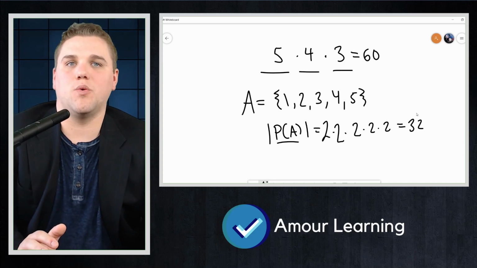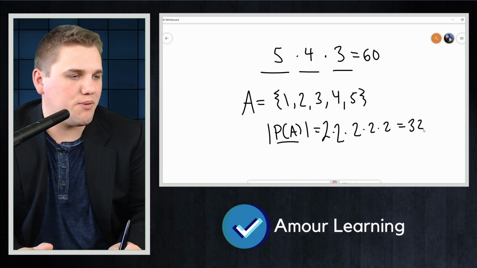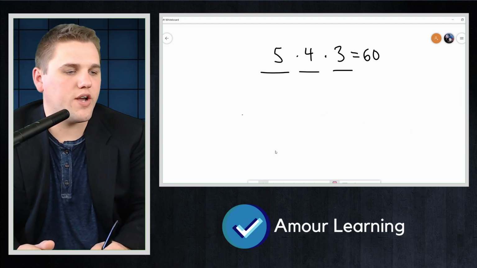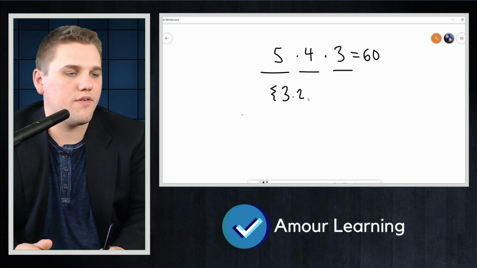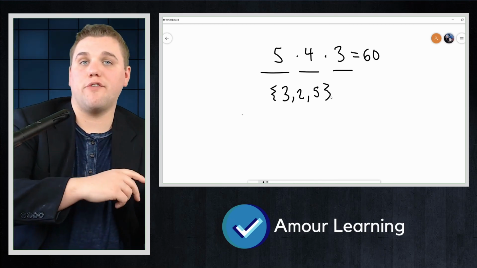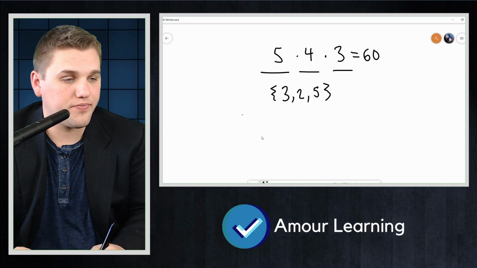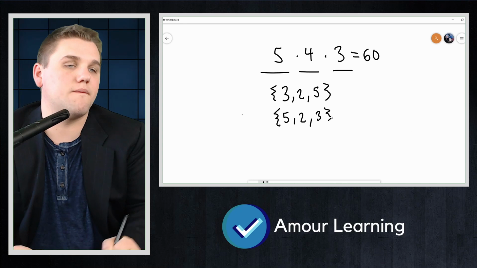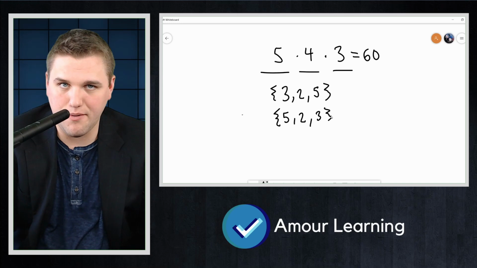One of the outcomes we would get from these choices would be the set {3, 2, 5}. So let's explain why this is wrong. Of these 60 choices, one choice would be 3, 2, 5, by choosing the element 3 first, then the element 2, then the element 5. Another outcome would be 5, 2, 3, by choosing the element 5 first, then the element 2, then the element 3.